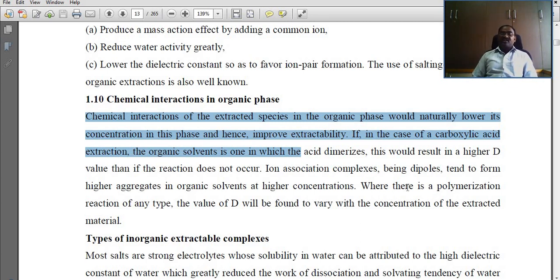Ion association complexes, being dipoles, tend to form higher aggregates in organic solvents at higher concentrations. Where there is a polymerization reaction of any type, the value of D will be found to vary with the concentration of the extracted material.